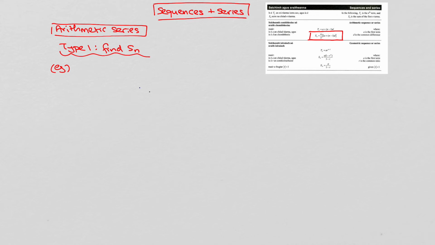We're given an arithmetic sequence. And the difference between a sequence and a series is that we will see the numbers being separated by a plus rather than a comma.